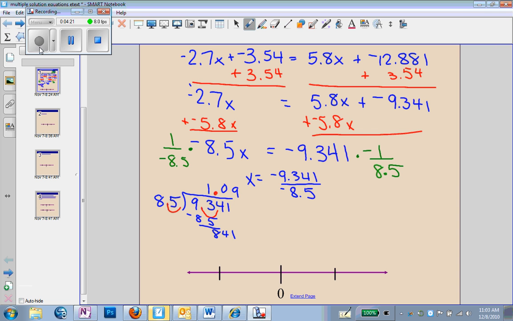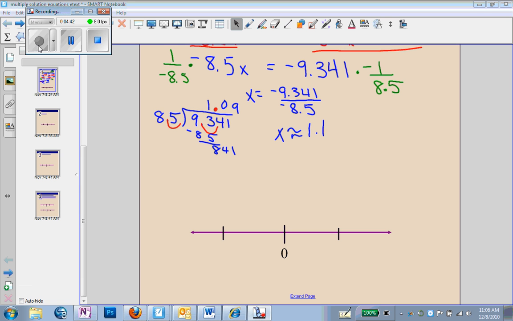And let's round this answer to the nearest tenth, since it's going to go on for a while. Which gives us x is approximately 1.1, or 1 and 1/10.